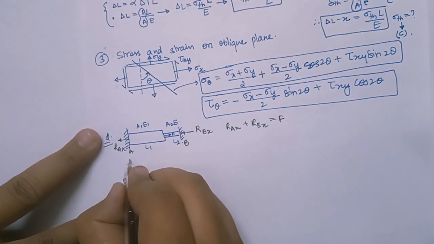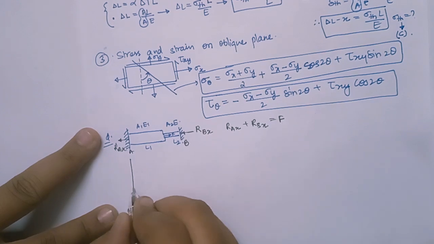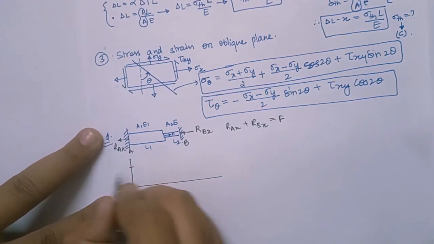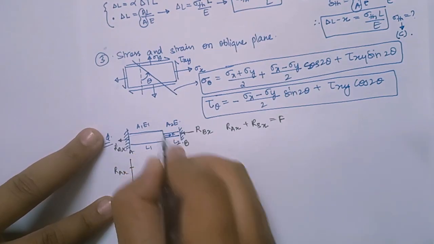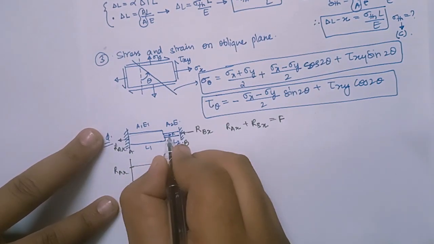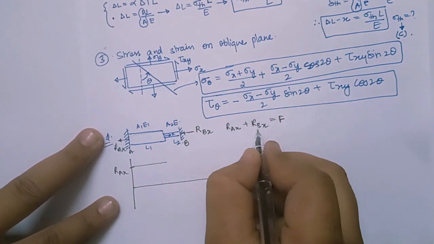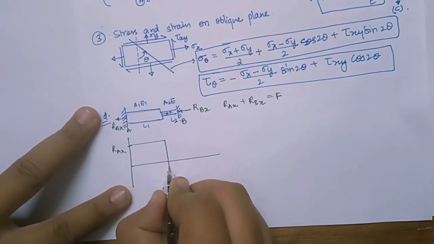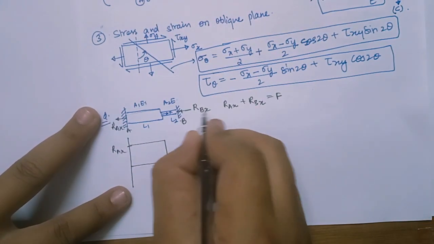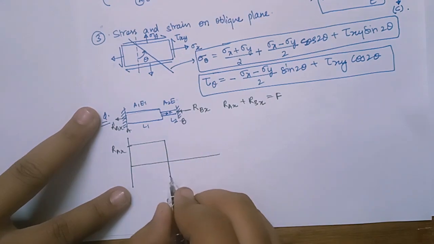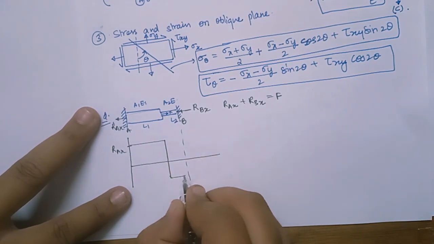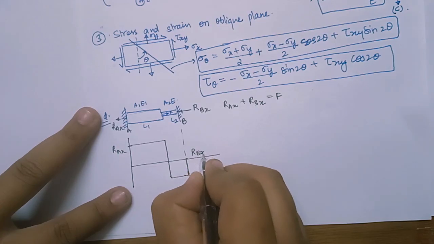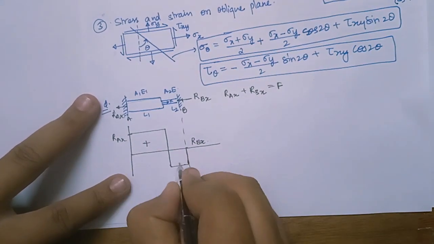So if I'm going to draw its force deformation graph, this is positive RAX, and no force is applied, so the sign is same, and this F is the sum of these two forces now. So it will be very large, then the line will cross the x-axis, right? And here I have positive RBX, so I'll go here and do a positive RBX. So this is positive and this is negative.